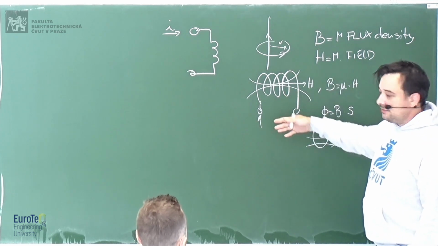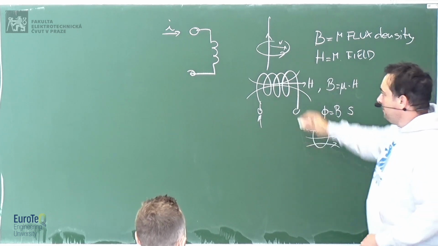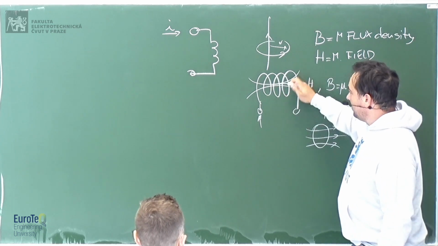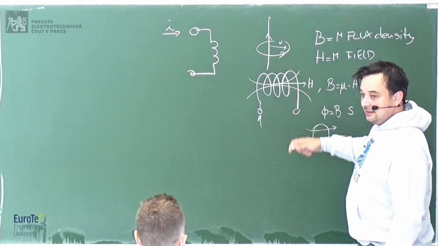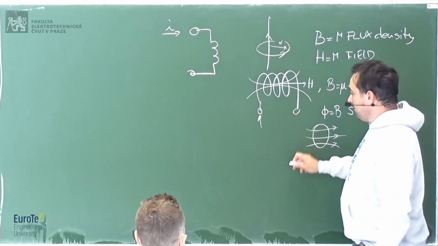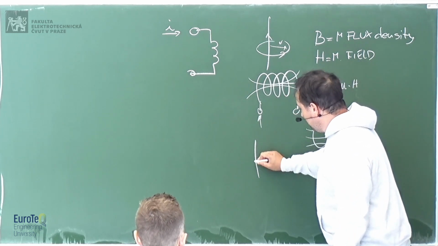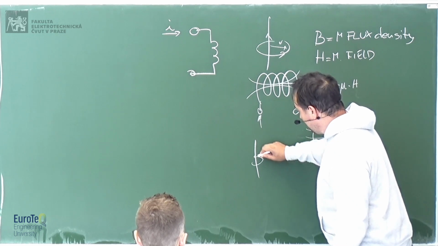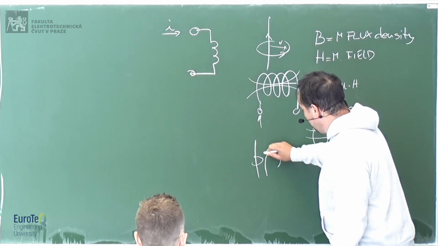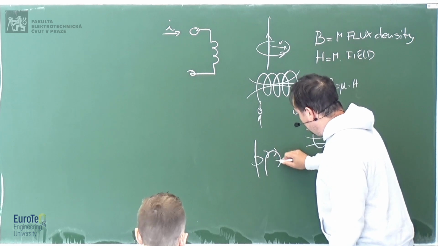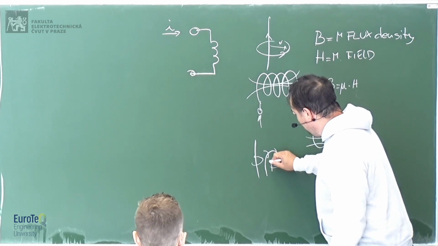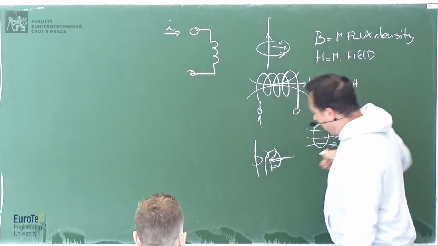Current will create a magnetic field. So if you have a wire like that, you create a magnetic field. If you wind it like this, again, the same. If you bend it down, it will create a field like this, and therefore it will enter in this direction.